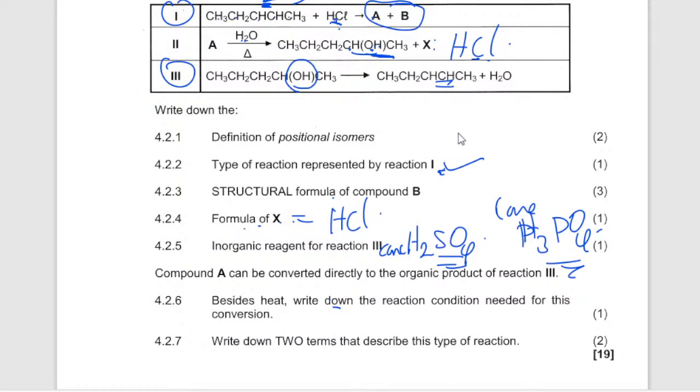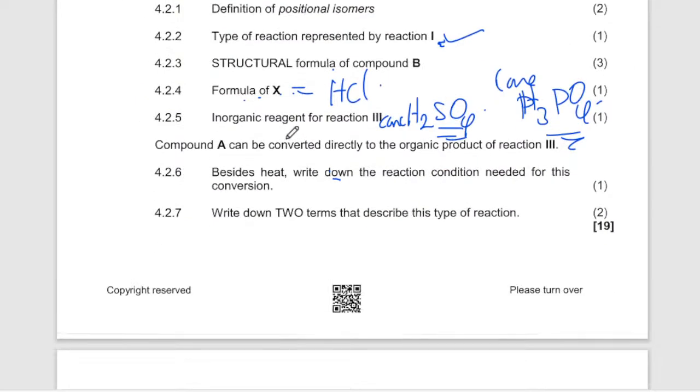So what do you need there? In that case, the first thing you need to know is that no water is needed. Yes, that's the first thing. Then number 2, strong base. You use a strong base.